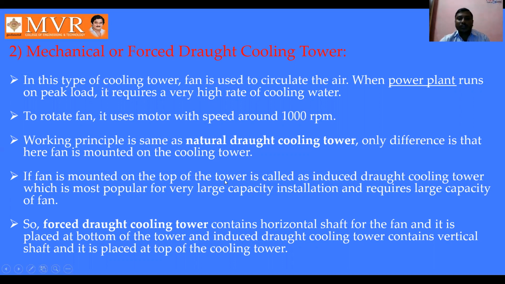If the fan is mounted on the top of the tower, then it is named an induced draft cooling tower, which is most popular for very large capacity installations and requires a large capacity fan.